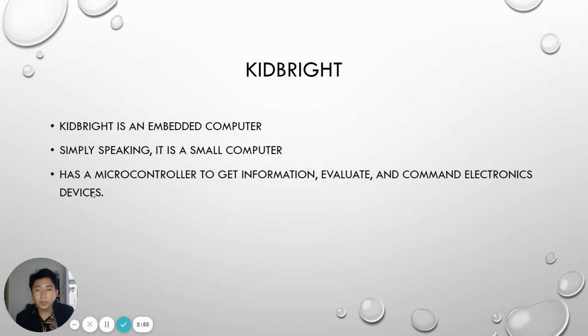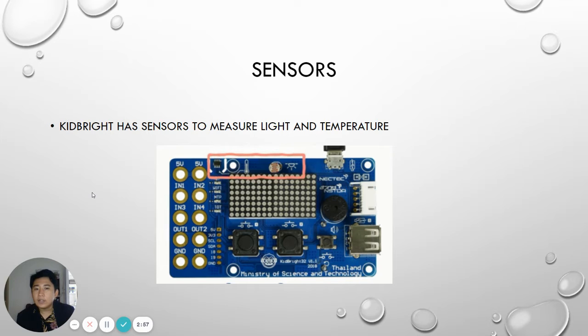Again, this is what KidBright looks like, and I'm going to discuss here the parts of KidBright. The KidBright board has sensors to measure light and temperature. You can see this box here. This is the sensor for temperature, and this is the sensor for light. These are two built-in sensors in the KidBright board.